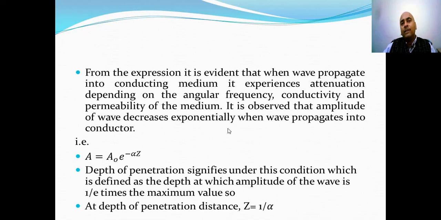On observation, it has been found that the magnitude of the electromagnetic wave at a distance z into the conductor can be obtained by taking the amplitude of the signal at the input of the conductor, which is A naught, and multiplying it by e raised to power minus alpha z.